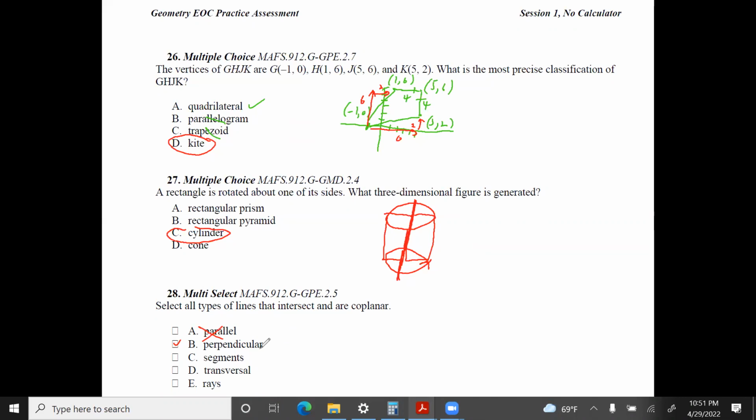So I think I said the right thing, but I crossed off the wrong one. That's why I'm kind of confused there. Cross off parallel. Perpendicular is the one I said it can't be. Segments, that doesn't make sense. Transversal, nope. I feel like the only one that really works well here is going to be parallel. Let me use that other thing.